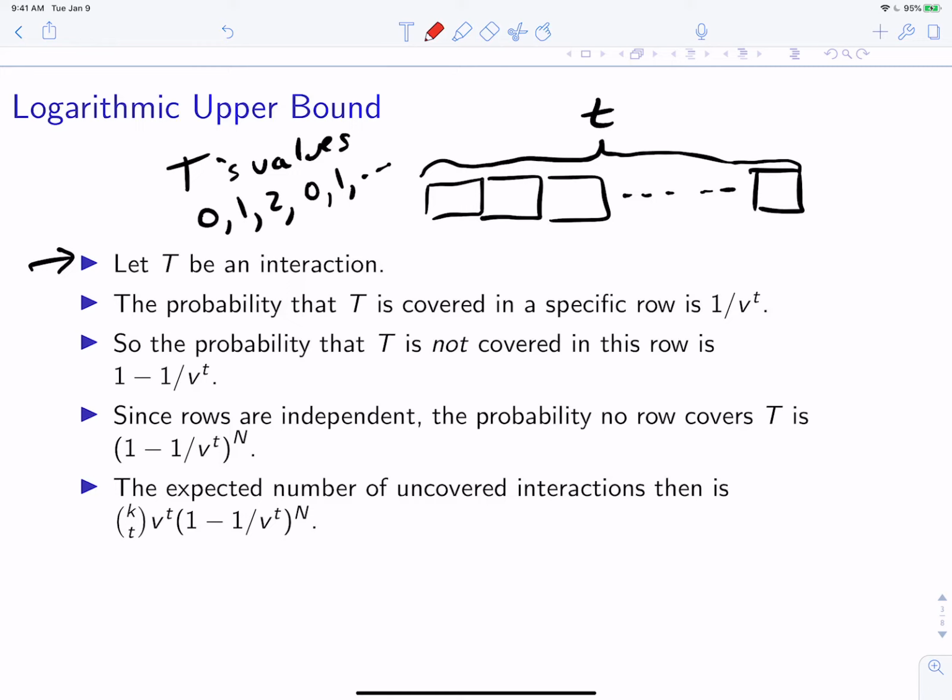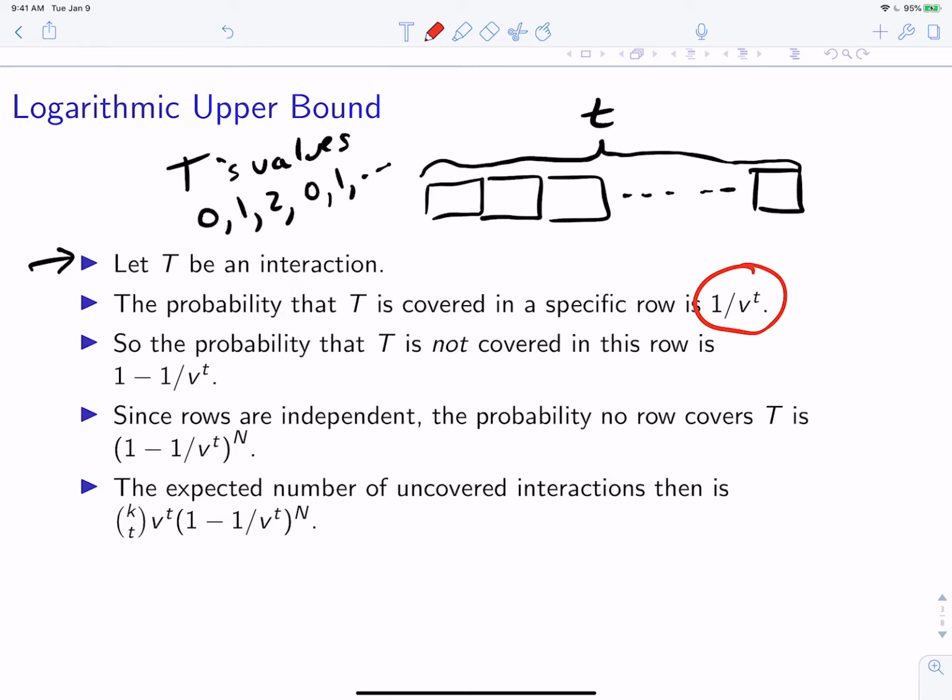1 over v, right. What's the probability of getting the 1 in the second position? 1 over v, because every entry is chosen uniformly at random. Then the probability of getting all t correct is 1 over v to the t. That's where this quantity comes into play, because we need all t to appear exactly in the right order.